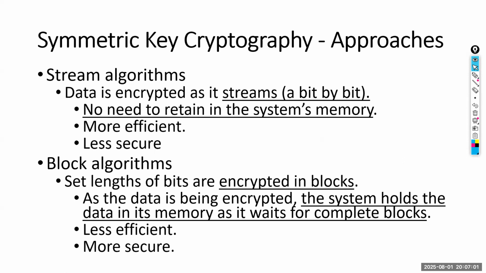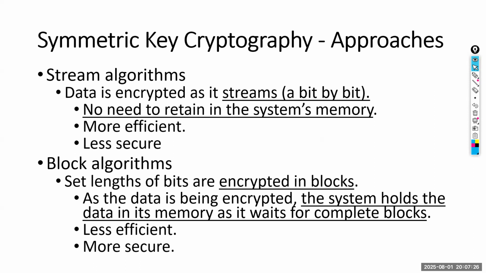So symmetric key cryptography, that means you use the same key, and remember we can use stream algorithms or block algorithms. Stream means we encrypt character by character. Block means we encrypt block by block. So both approaches are there.